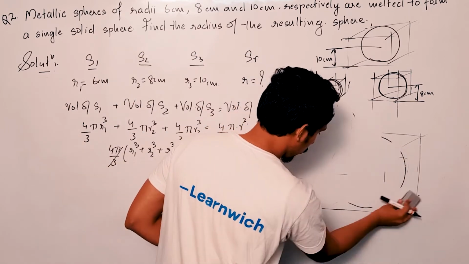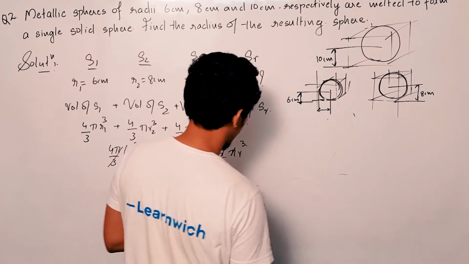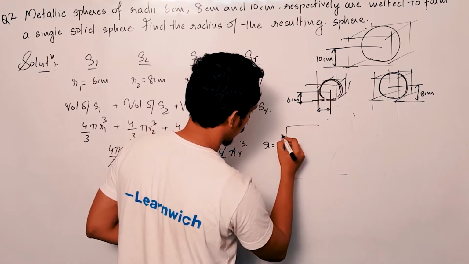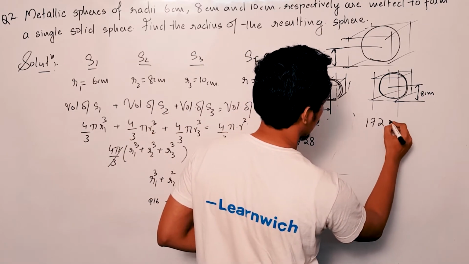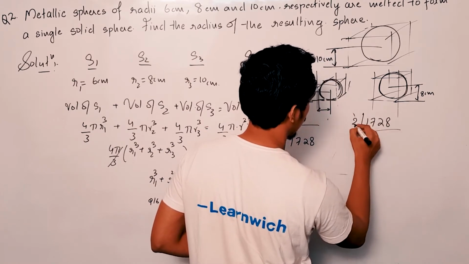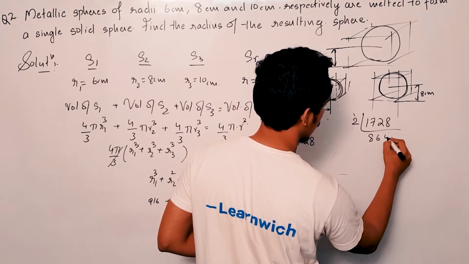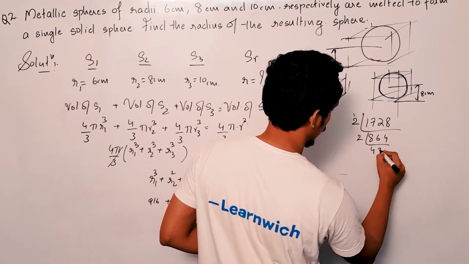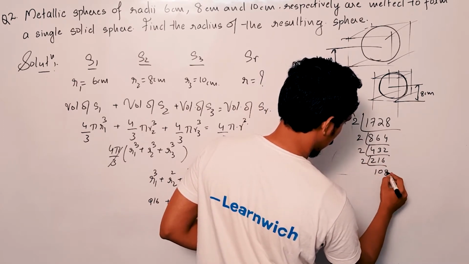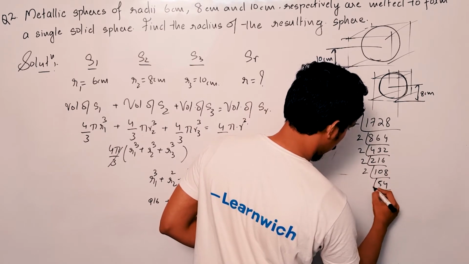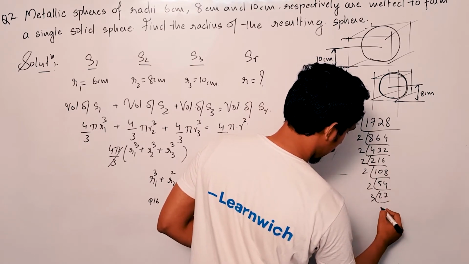Okay, now you have to find out the cube root of 1728. How to find out cube root? You can find r is equal to cube root of 1728. Let's do the prime factorization method. 2 8s are 16, 64, 2 4 3 2, 2 2 1 6, 8 54, 27, 3 9.